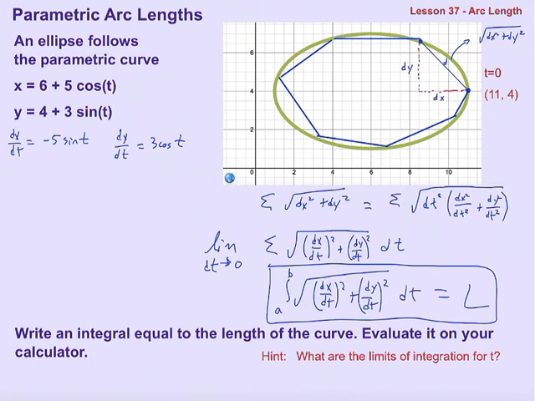So that means that the overall arc length is equal to the definite integral from beginning to end, because one loop around will happen every 2 pi seconds, of the square root of (dx/dt) squared plus (dy/dt) squared with respect to t.